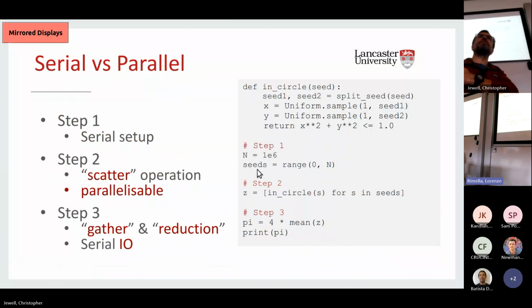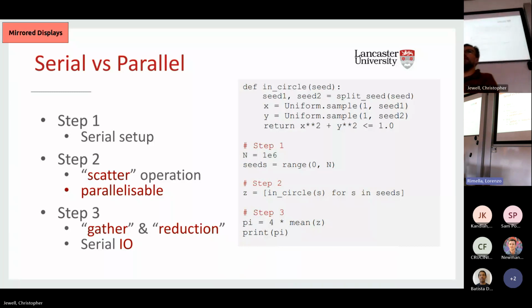It's completely serial. I have to assign a number to a scalar variable, and then I have to create this vector of a million random seeds that I'm then going to feed into my encircle function. So it's kind of serial setup. There's nothing I can do about that. I just have to bear with it.